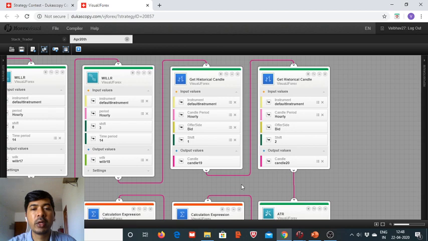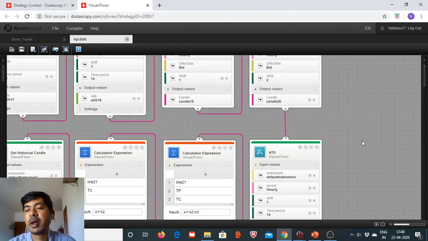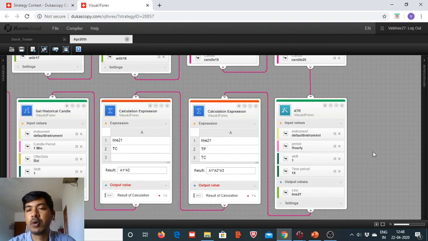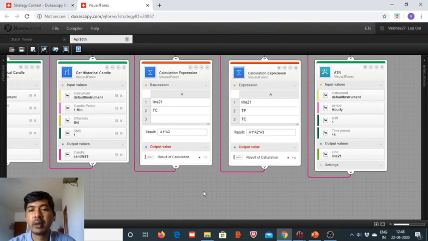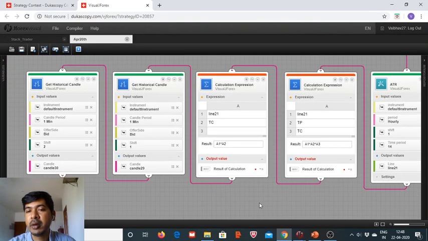Then we go to the historical candles, their closing levels and the opening levels, and how the price action is unfolding. For our entry and exit, as I said, we are utilizing the ATR. Then here we will be defining the stop loss and the target price.